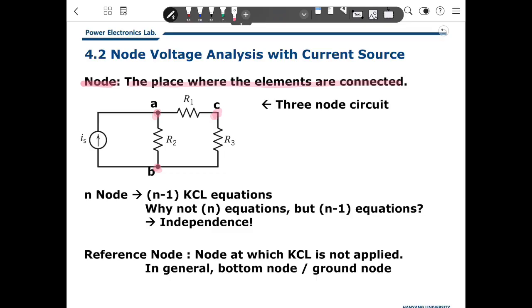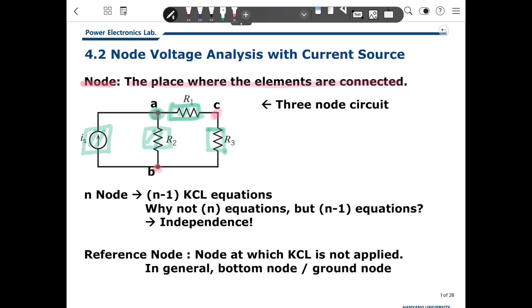You see there are 4 elements: element 1, element 2, element 3, element 4. These elements are connected through this point, so we call this a node.